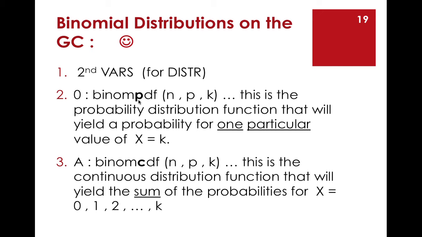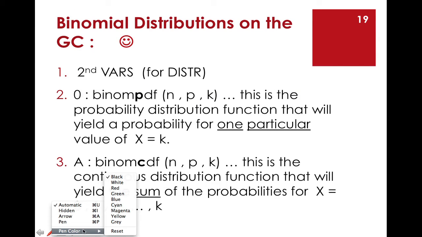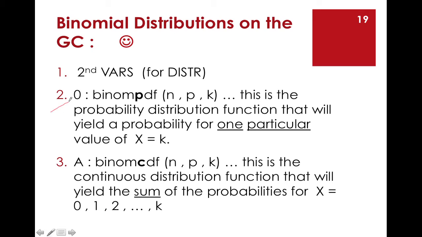On the TI-84s with the updated operating system, it's going to be the letter A instead. It depends upon what calculator you have. I know on the TI-83s it says 0. Binomial PDF, notice it's a P, that stands for probability distribution function. These are the ones that are equal to. So we're talking about the probability that x equals a number.